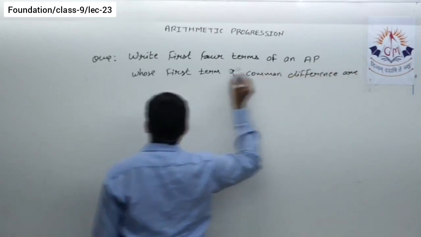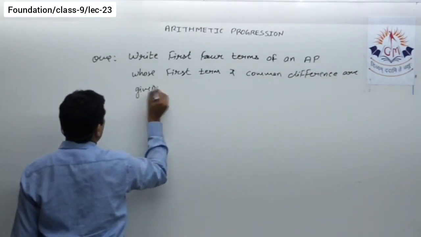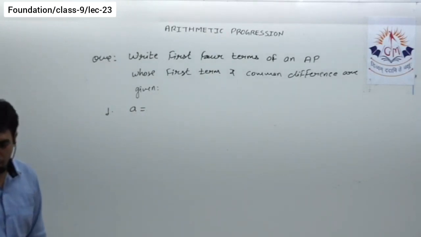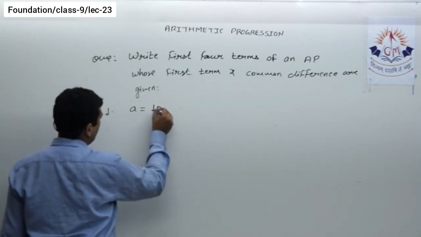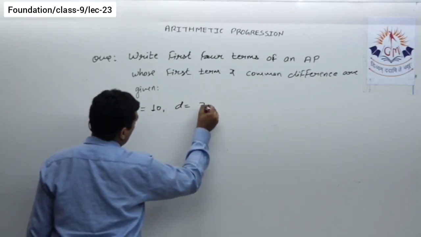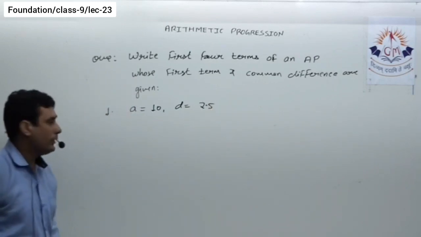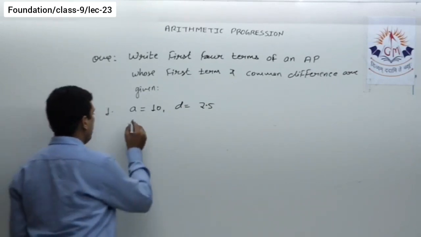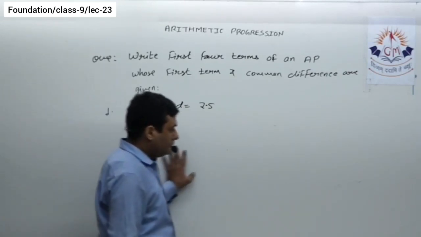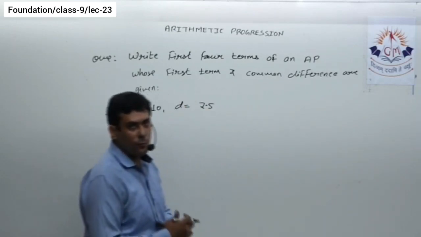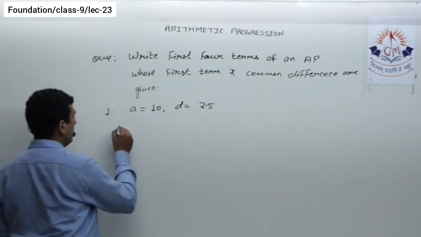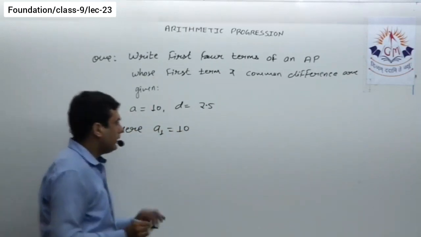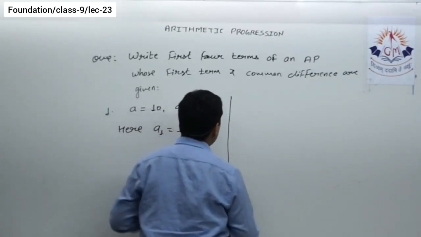In this first one, the first term a is 10, d is 2.5. So what you have to find is the first 4 terms. See how to find the terms. We have to add the common difference to get the next term. So here a1 is equal to 10. Now see one thing before I give you the solution.